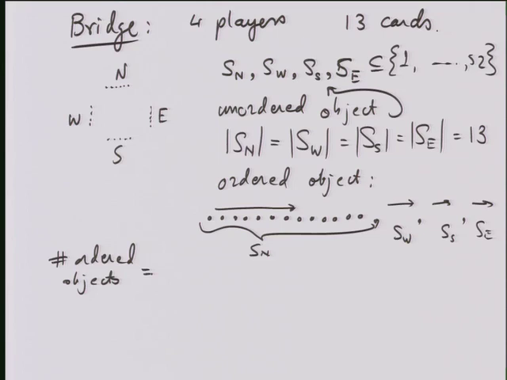That was the simplest of those counting problems. Now, the second thing we want to know is, for each of the unordered objects up there, how many ordered objects are there?